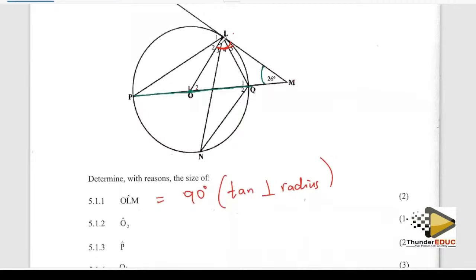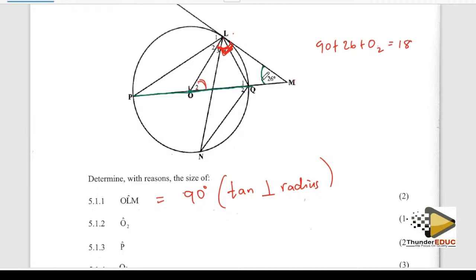Now, since we've said that this is a 90, then what is this O2 here? From the triangle LOM, it will be 90 plus 26 plus O2 must give you 180. Since you know that this is a 90, these other two must also give you a 90.